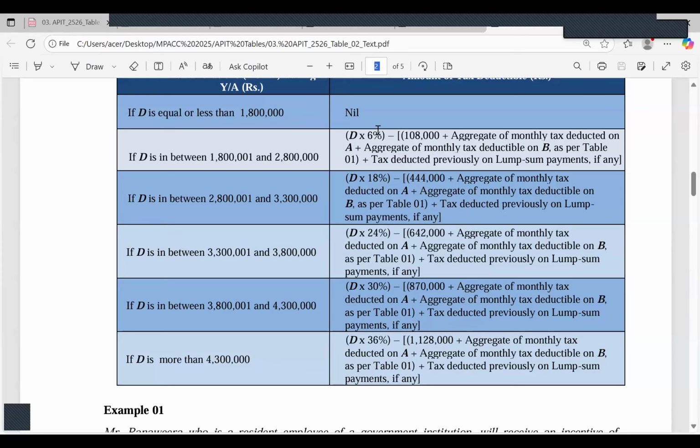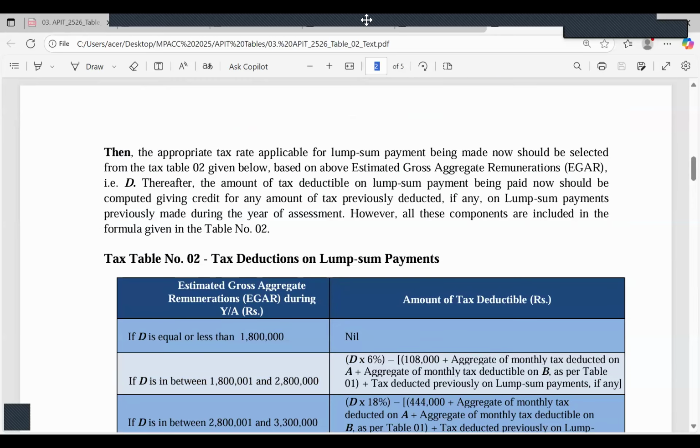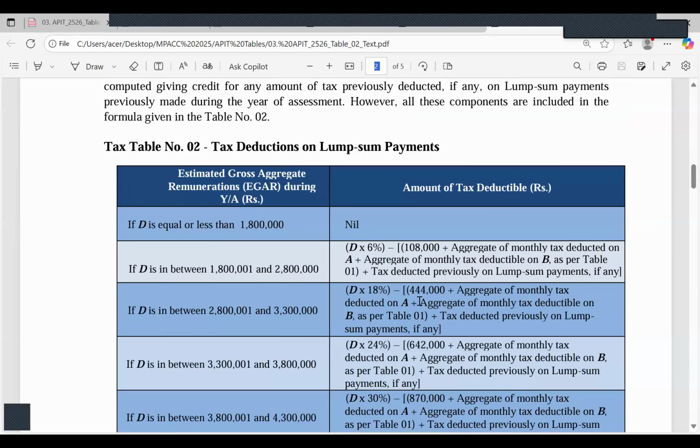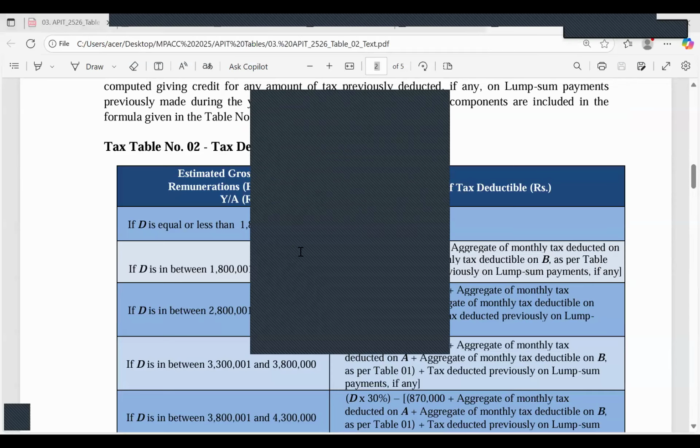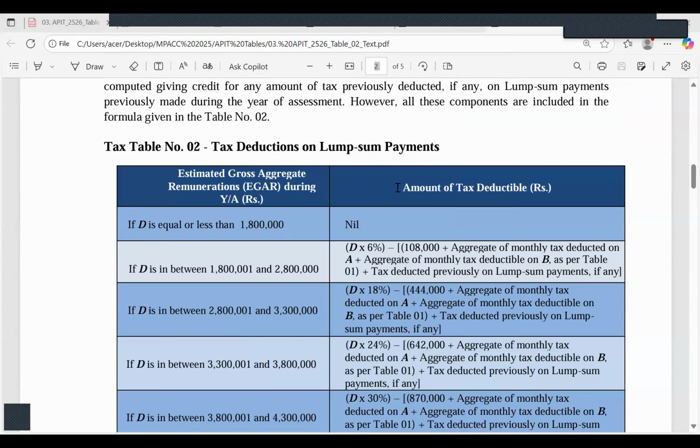D multiply by 6. ඇයි 6 යන්නේ? පළවෙනි ස්ලැබ් එකේ වැඩි වෙන්නේ 6 වලින්. ඒ නිසා තමයි 6 වලින් වැඩි කරන්නේ. 6 minus 108. කොහොමද 108 හැදිලා තියෙන්නේ? ඔව්. 1.8 million multiplied by 6%. That is 108. So we are not deducting 100, only 108.